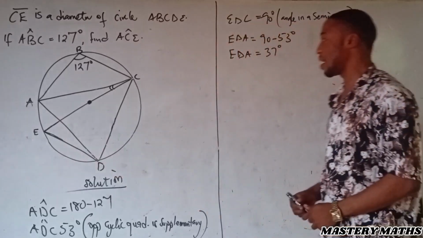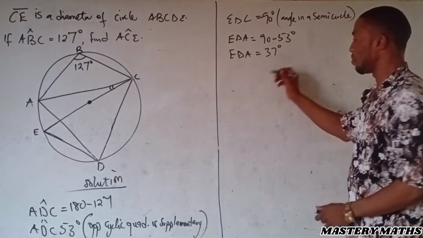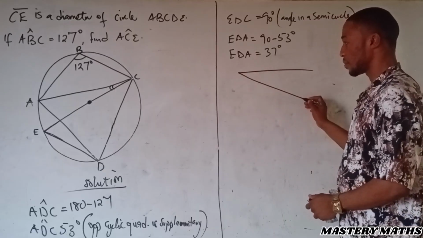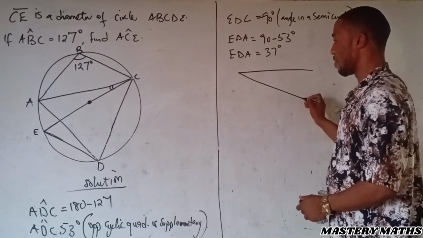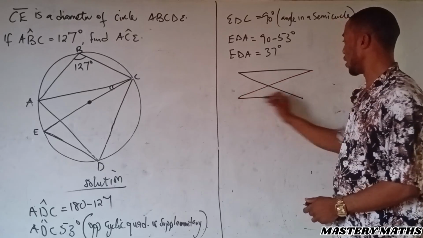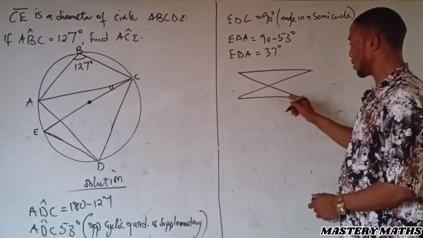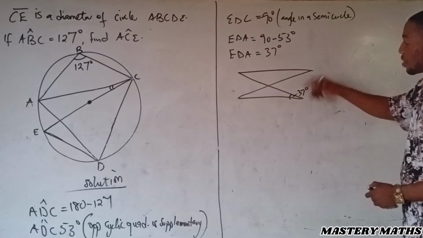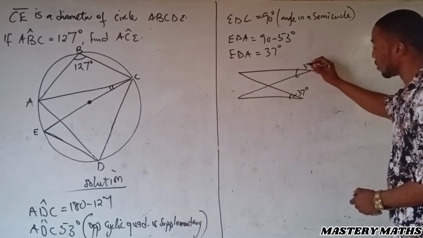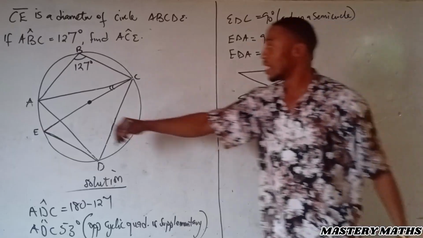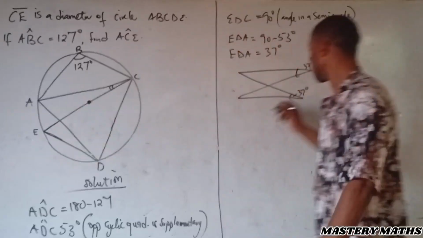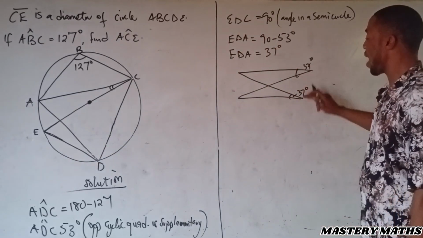So that means our EDA is 37. Remember the drawing I drew before. If I redraw this, this part now is 37 degrees. If here is 37 degrees, this same part will also be 37 degrees, which is our ACE. Why is it 37 degrees?